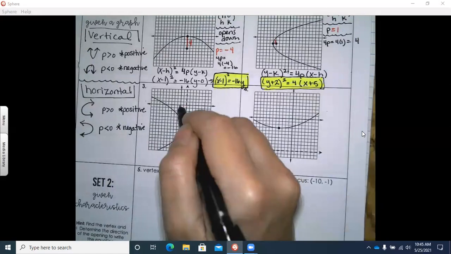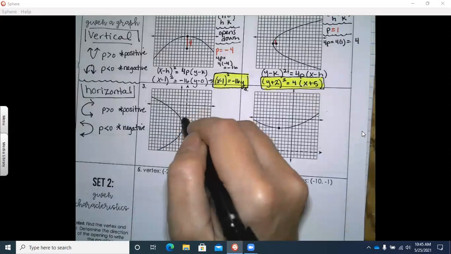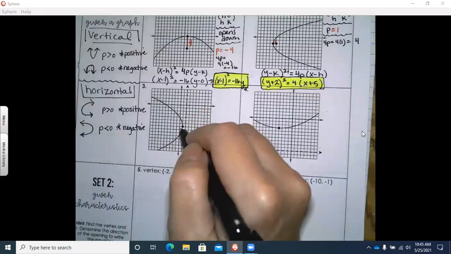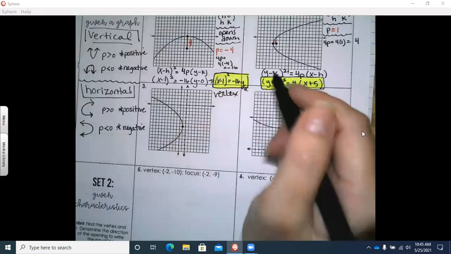All right, number 3, we can see it's opening to the left. So we know p is going to be negative, but let me find what this vertex is. It looks like -1, -1, -2, -3, -4, -5, -6, -7. Vertex. Oh wait, I'm sorry, that's +1, -7, not -1.